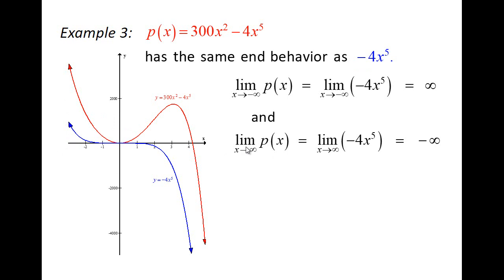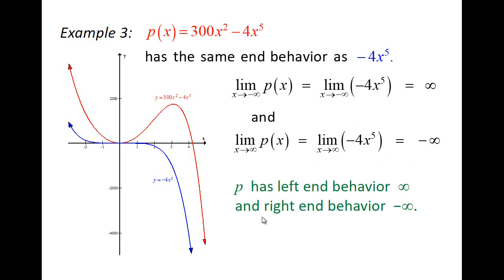So here is the limit as x goes to infinity of p of x. In that case, notice that when x is big and positive, x to the 5 is big and positive, but with the negative, it's a negative big. So this limit would be negative infinity.